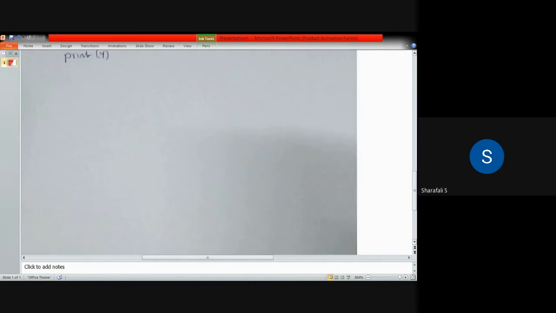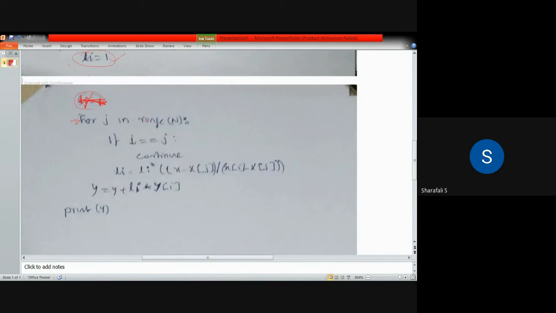So for j in range of n, let us consider this as small n, the length of that list. In this case, let's consider 3 points are given, so j starts from 0 and goes up to 2, for j in range 2.